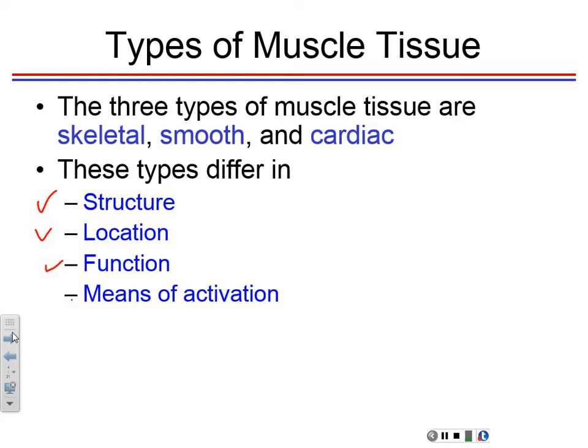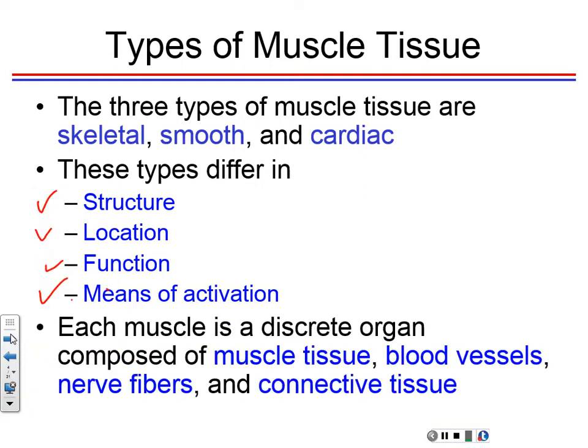And they have the ability to self-excite, like the heart actually has special cells called the sinoatrial node, sometimes called the pacemaker, which can self-excite without any external stimulation. We'll talk about these differences in the table that I was talking about.